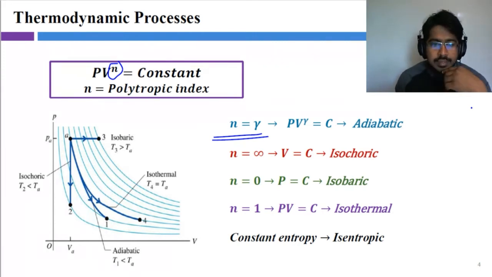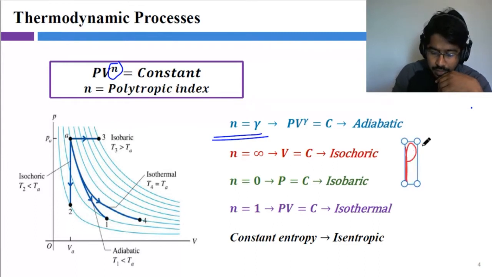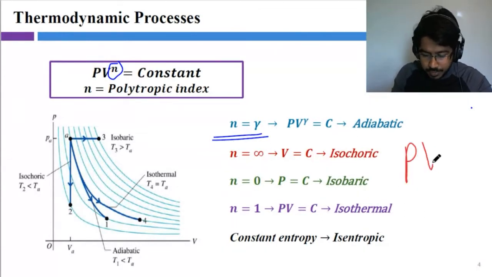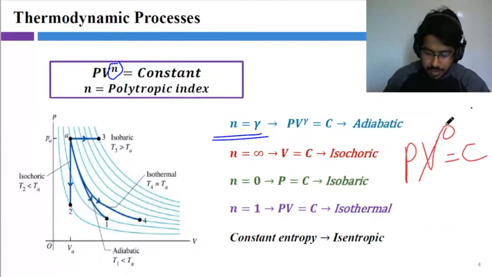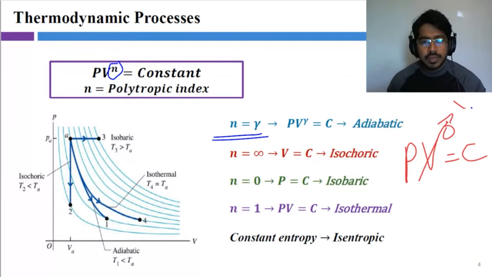When n is equal to 0, this is very straightforward. PV to the power 0 is equal to a constant. So this parameter becomes 1, therefore P becomes a constant. So if n equals 0, we can say that is an isobaric process.